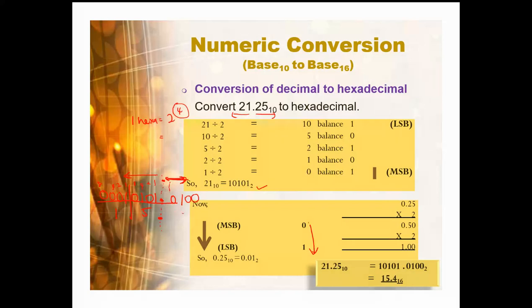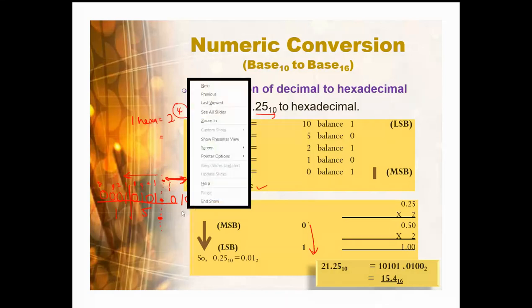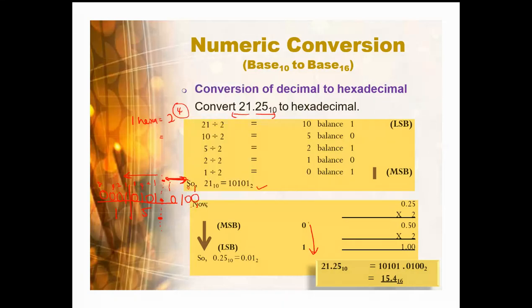So you start daripada 1, 2. Macam biasa value dia 1, 2, 4, 8. So you dapat 4. So your answer will be 15.4 base 16. So that's why you'll get the answer of 21.25 equals to 15.4 base 16.